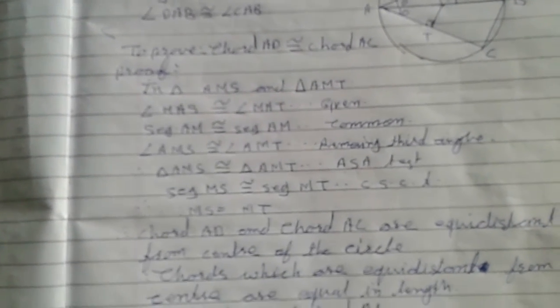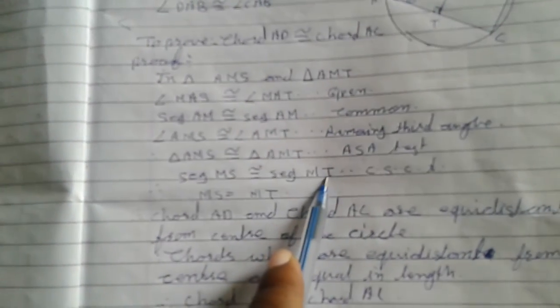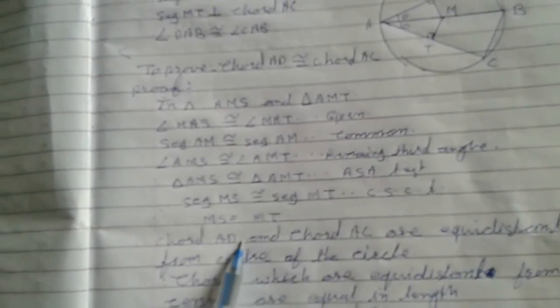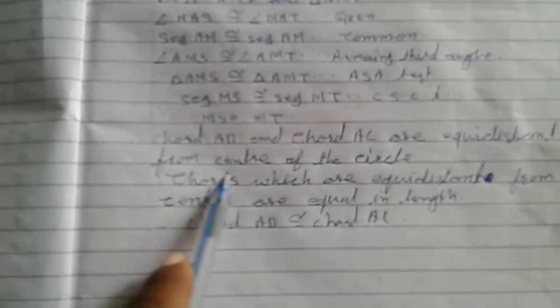And we know that the corresponding sides of congruent triangles are congruent, and therefore segment MS is congruent to segment MT. The reason is corresponding sides of congruent triangles. Therefore, MS is equal to MT. That means these two chords, chord AD and chord AC, are equidistant from the center.